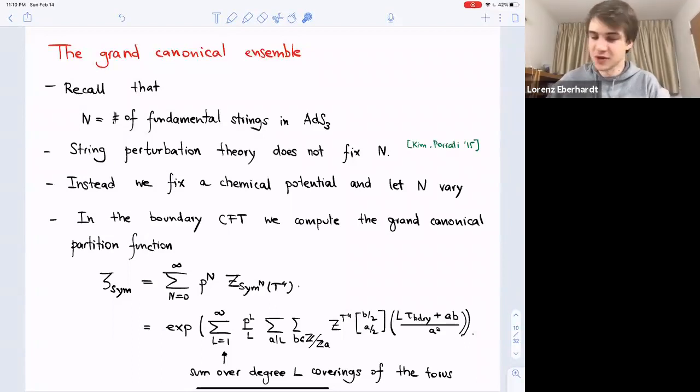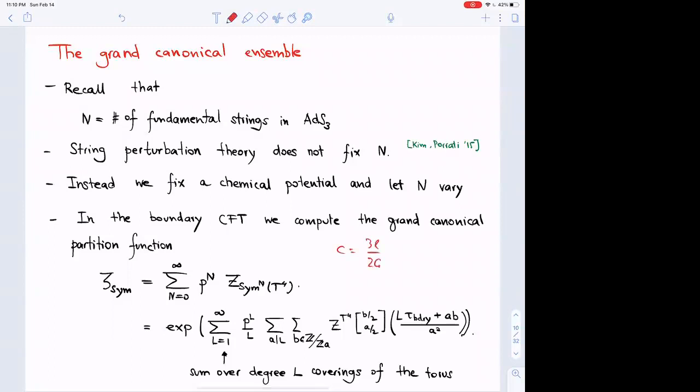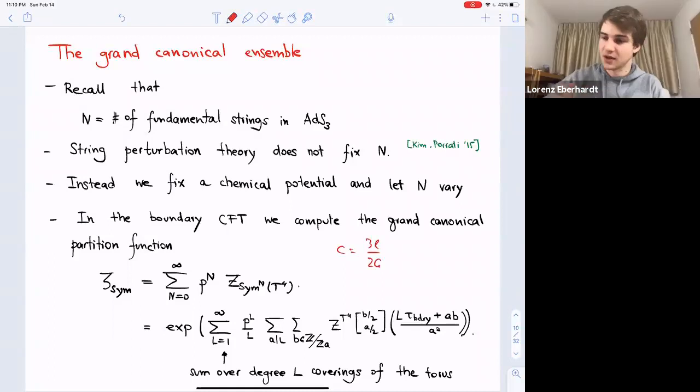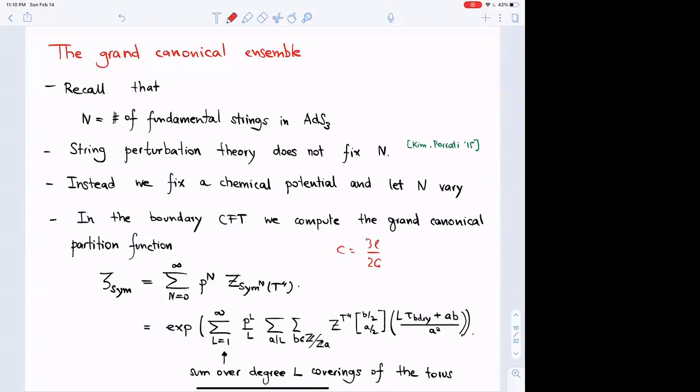I view it as summing over different Newton constants, because central charge is something like 3L over 2G. But I usually tend to think that L is fixed and G varies. But yeah, one of the two you need to vary. But why is that natural? I mean, from a bulk point of view.